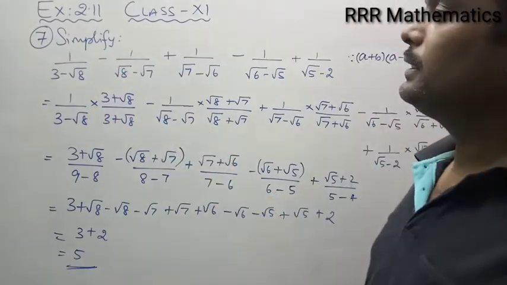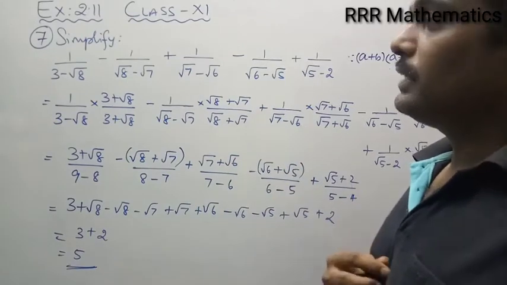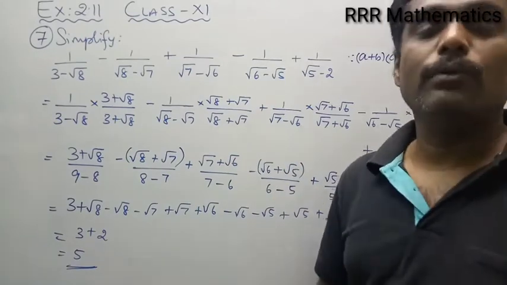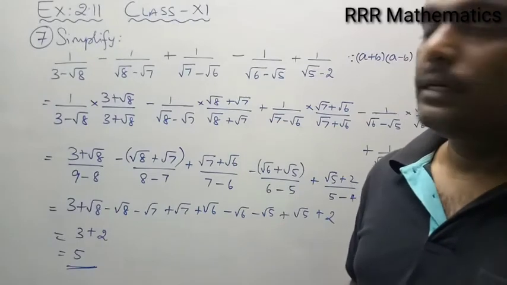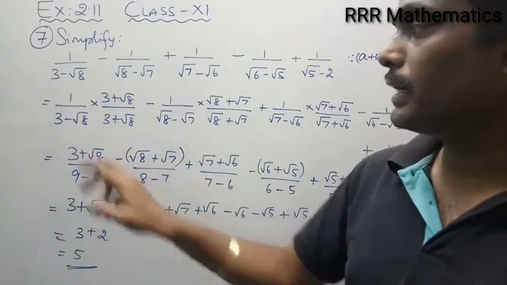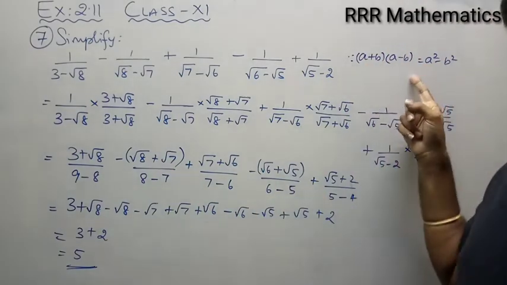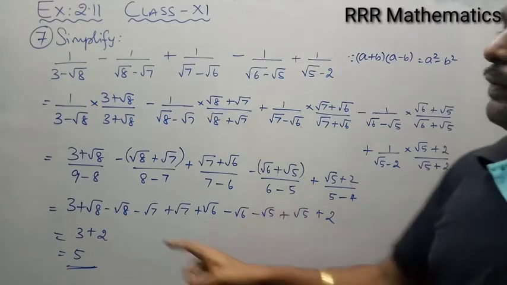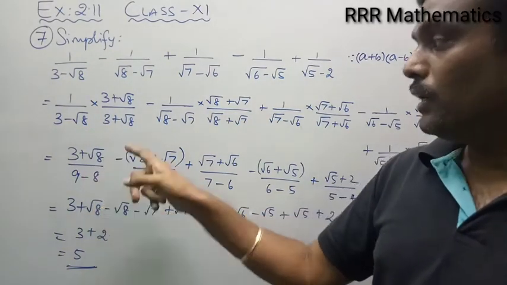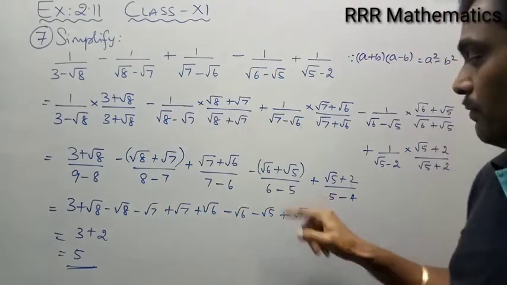You want to simplify the given expression. In this case, I have 5 terms with an irrational denominator. To rationalize the denominator, you multiply and divide by the conjugate. For the numerator, I have 1, so the conjugate appears directly. In the denominator, A plus B into A minus B gives A square minus B square, so I always get the new denominator value as 1, 1, 1, 1, 1.